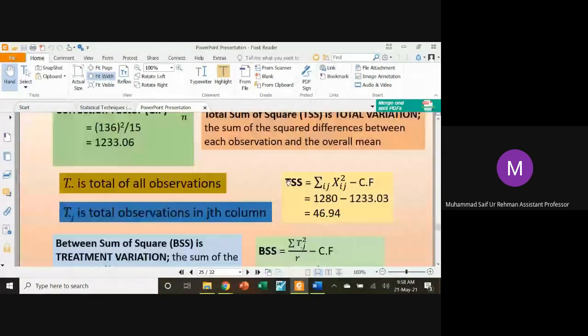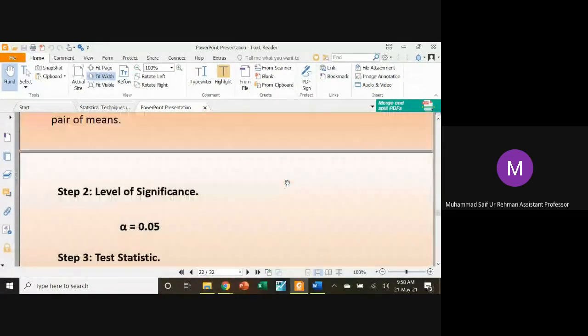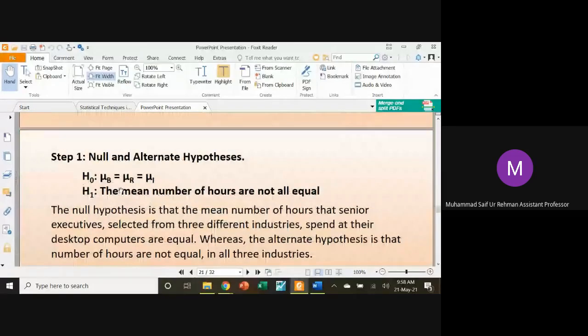So rejection of H naught means you are going to reject this statement. It means if you are going to reject this, you are going to accept this: the mean number of hours are not equal, or at least two are not equal. So in the next lecture, I shall explain how you will see which two out of these three are not equal.